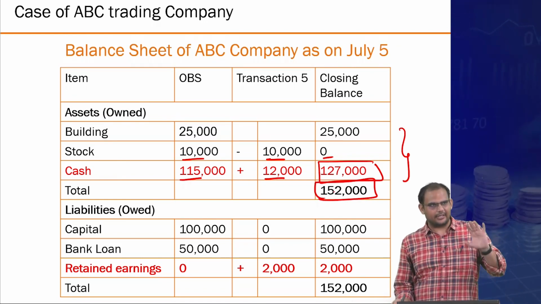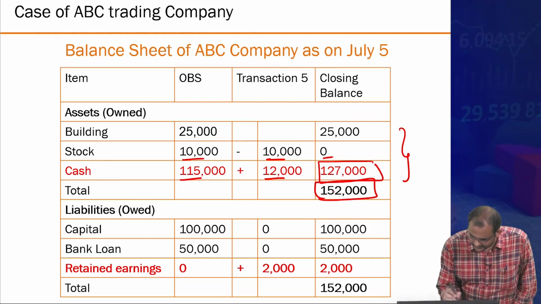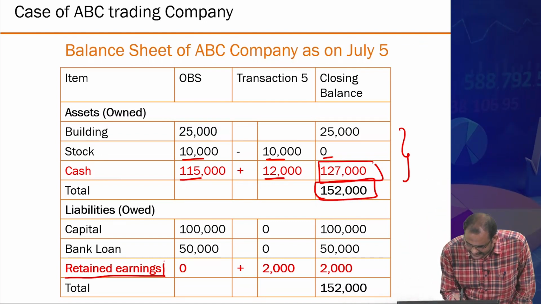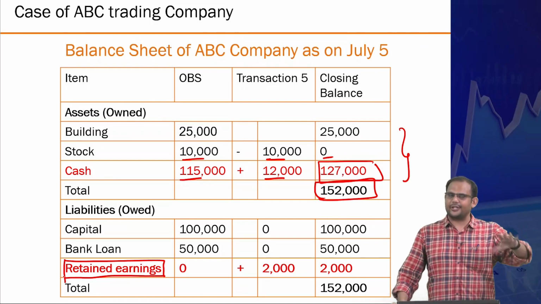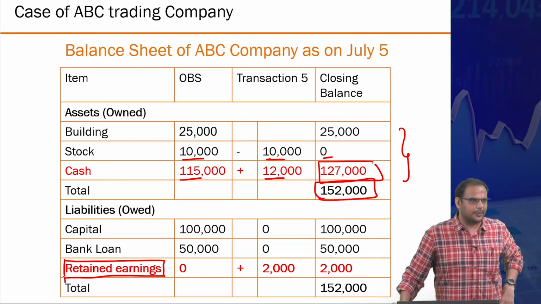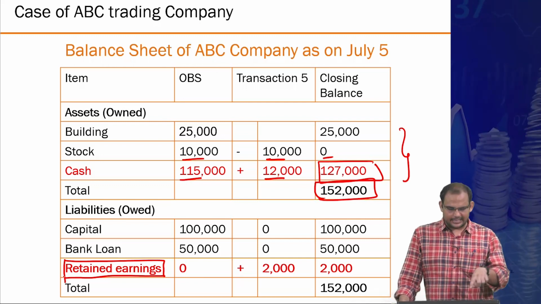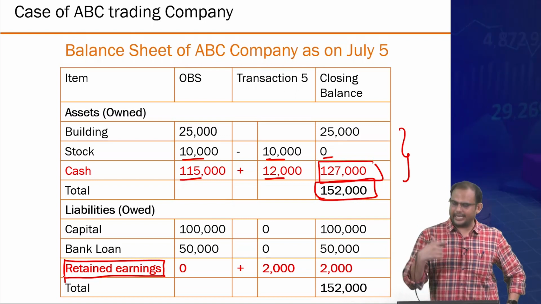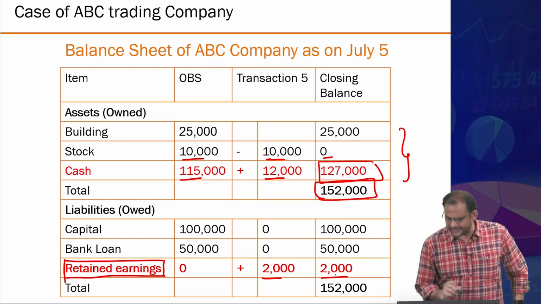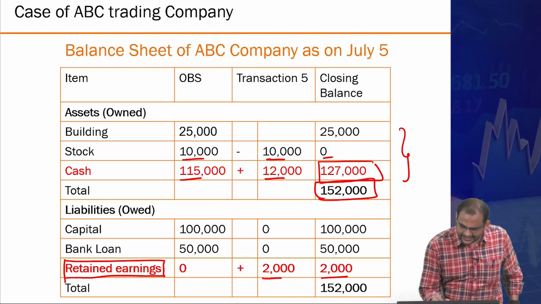It was originally 150,000. So this is called retained earnings, which is essentially the profits that you have not paid to your stakeholders. A new entry gets created and it shows 2,000 rupees. Why am I not showing it immediately in capital?